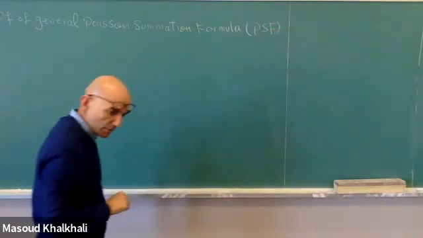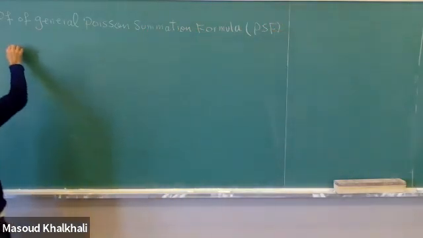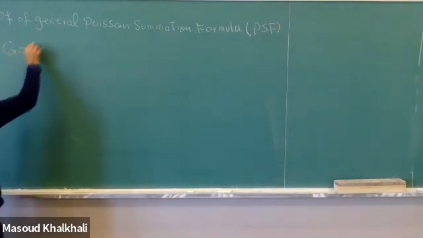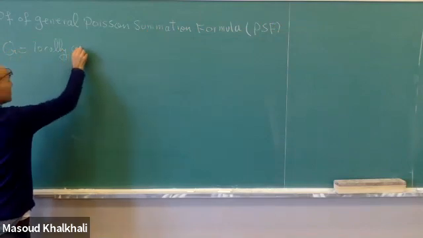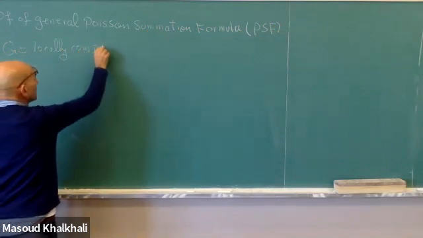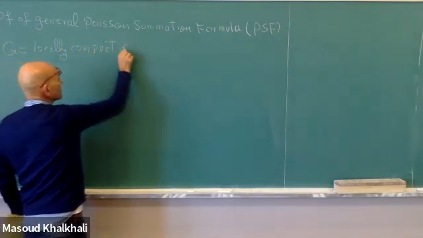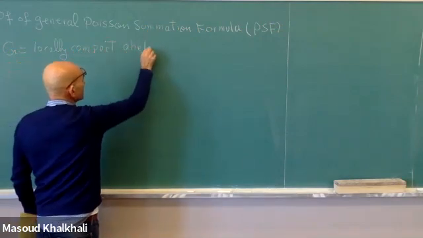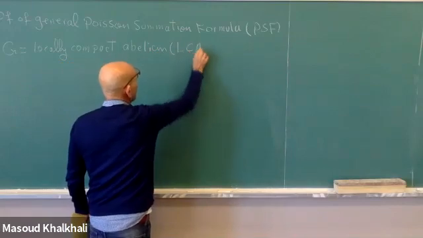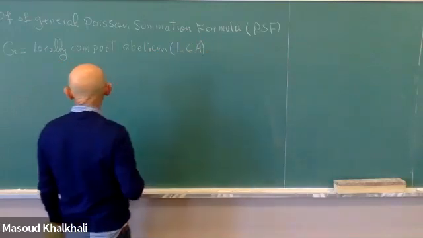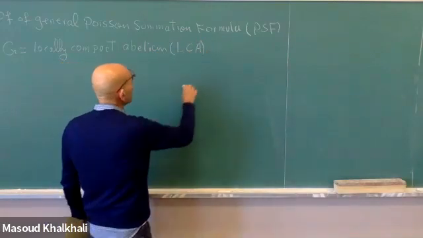So the setting was like this. G was a locally compact abelian group. It's usually denoted by LCA, capital, so I can just use locally compact abelian group.